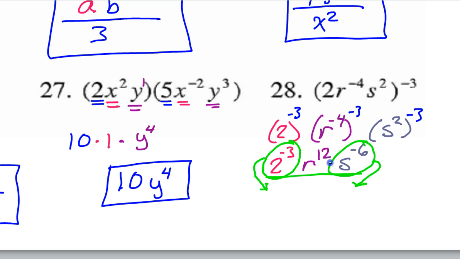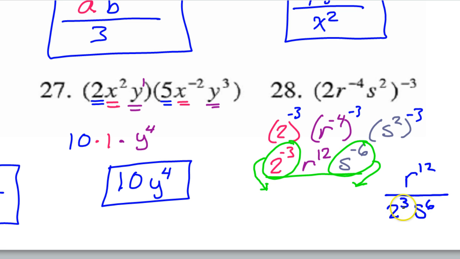The r to the 12th is going to stay up where it is. So that's why the final answer is going to be r to the 12th power in the numerator, and then this is going to drop down and make 2 to the third power, and then this will drop down and make s to the sixth power.